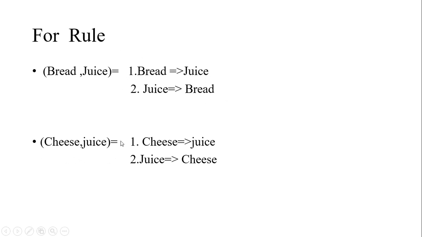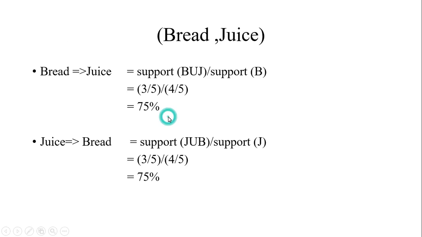Now for cheese and juice, having the two combinations for the rule. The customer can buy the cheese, and next he can buy juice. Or in the second rule, the customer can buy the juice first and next he can buy the cheese also. Okay, so let's see one by one.